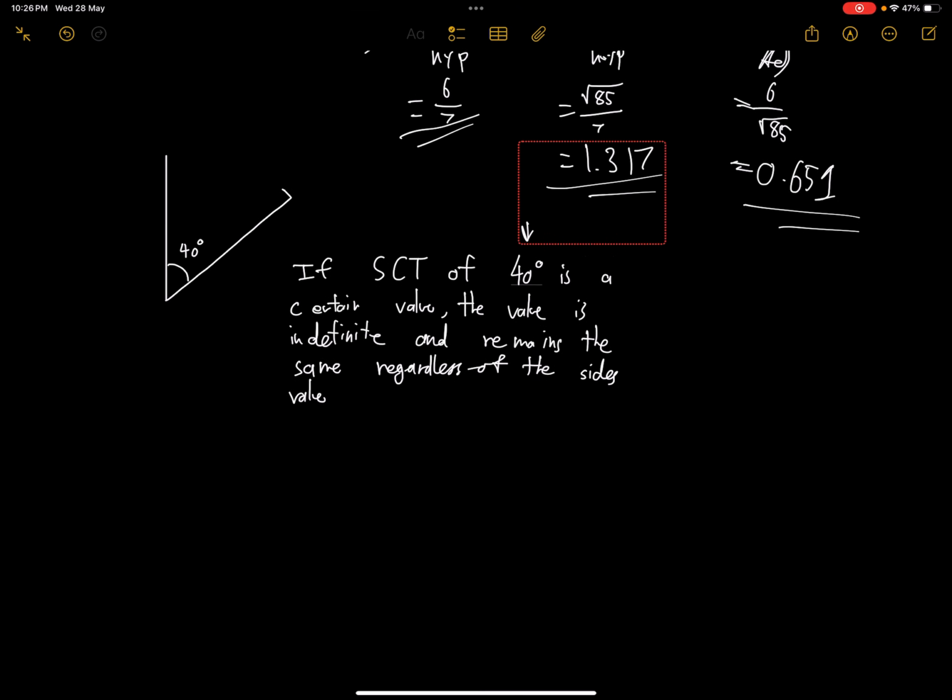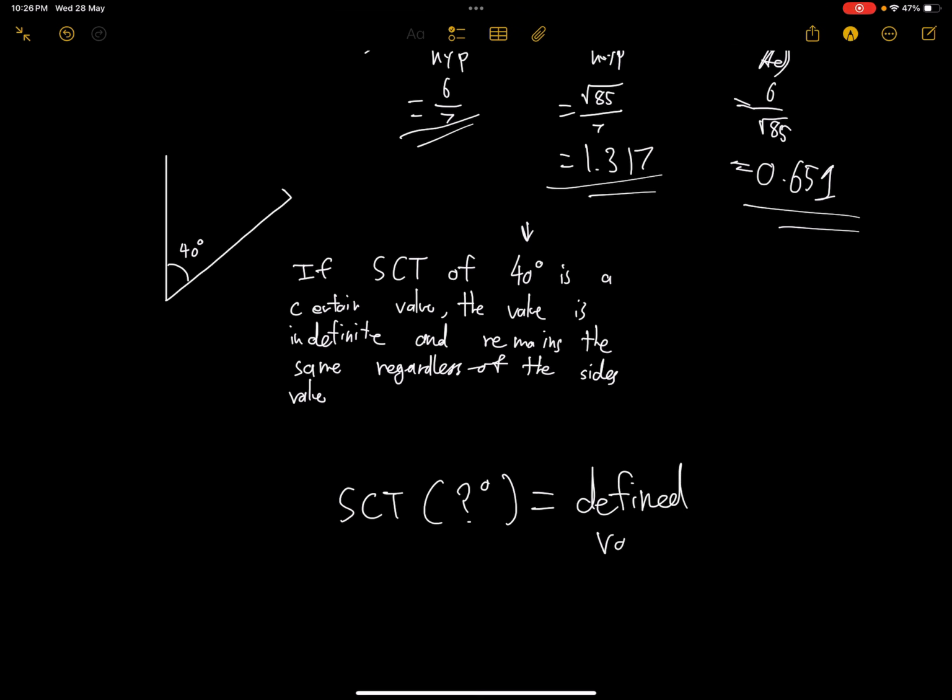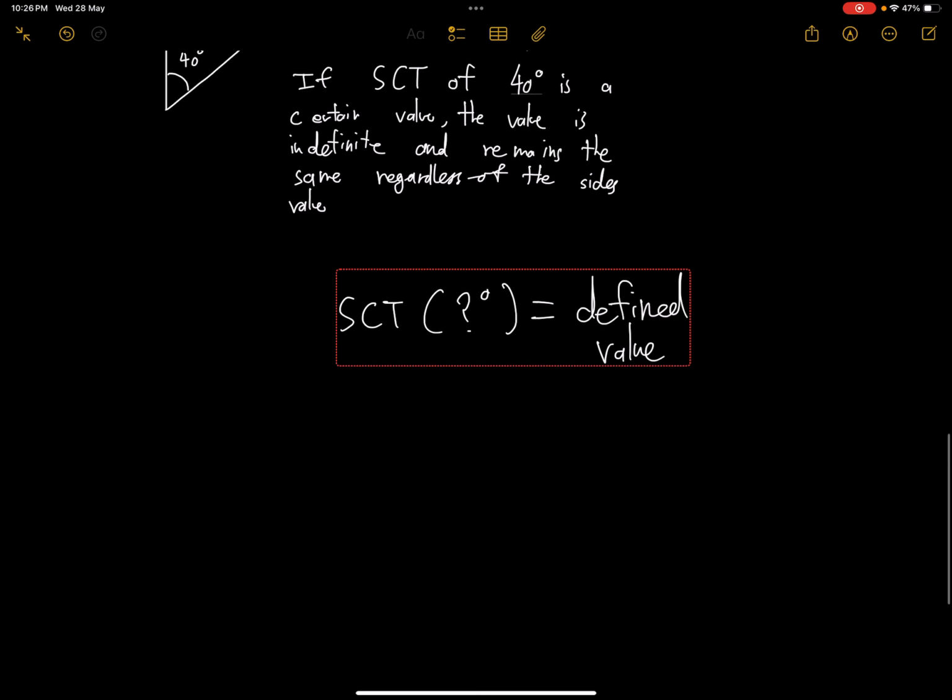As for why the SCT of a certain degree is a defined value, that means for any diagram or question that is mathematically correct and up to scale, their values would not change.